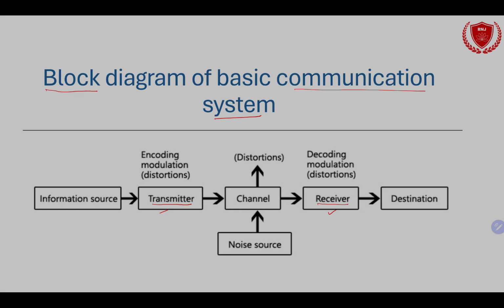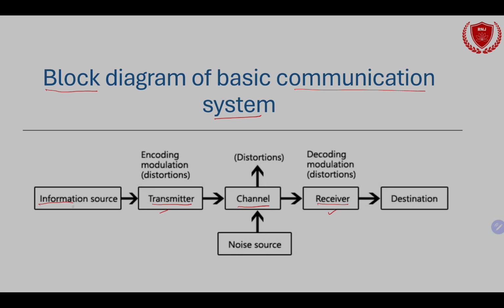Transmitter is trying to transmit, receiver is trying to receive, but there should be some channel through which the information is transmitted and received. So the next block is the channel block between transmitter and receiver. And the first block obviously will be the information. I should have some information with me to transmit, isn't it? If I'm not having this entire information, I cannot make this video or prepare this PPT.